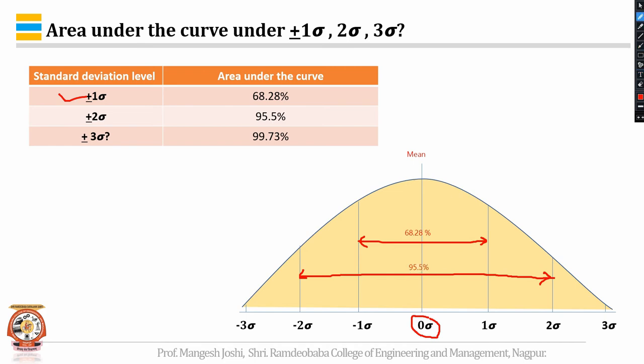And if you take plus minus 3 sigma, you will notice that 99.73% population will come under this curve. So this is area under the curve and corresponding standard deviation level.